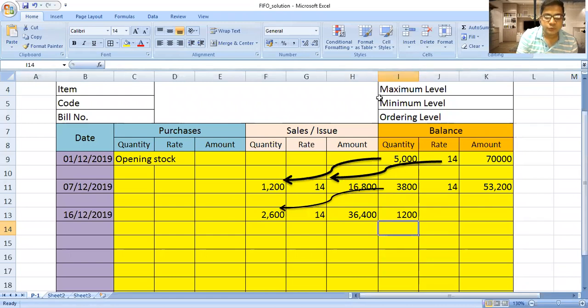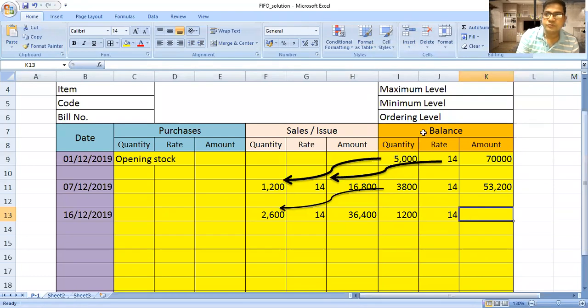Yes, I hope you understood how we got 1,200. Now the rate is the same as it is, we have to keep 14. So 1,200 into 14. Use your calculator and find out the value of stock in rupees.